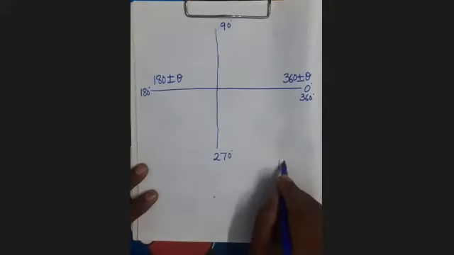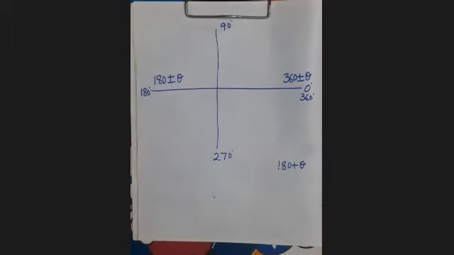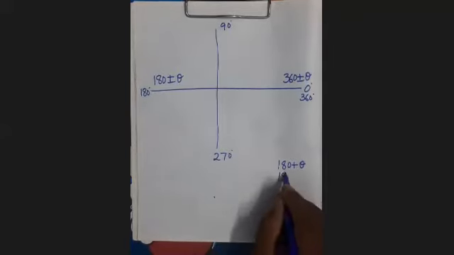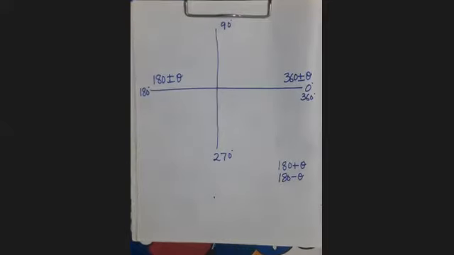Now 180 plus theta will be in which quadrant? Third quadrant. And 180 minus theta will be in the second quadrant. It's clear?